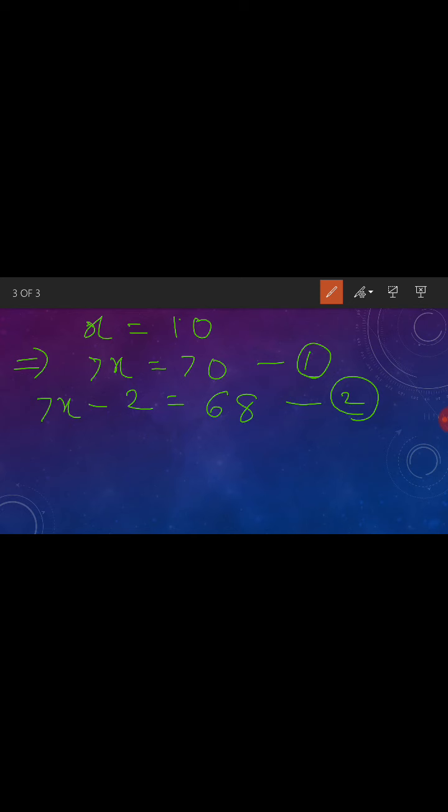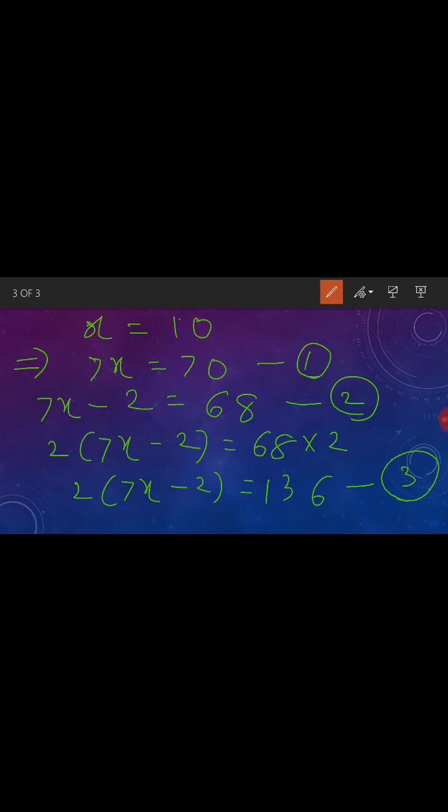So it will be 2 into 7x minus 2 equals 68 into 2. 8 2s are 16, 6 carry 1, 6 2s are 12, 13. So 136. This is your third equation. Students, copy this in your book.